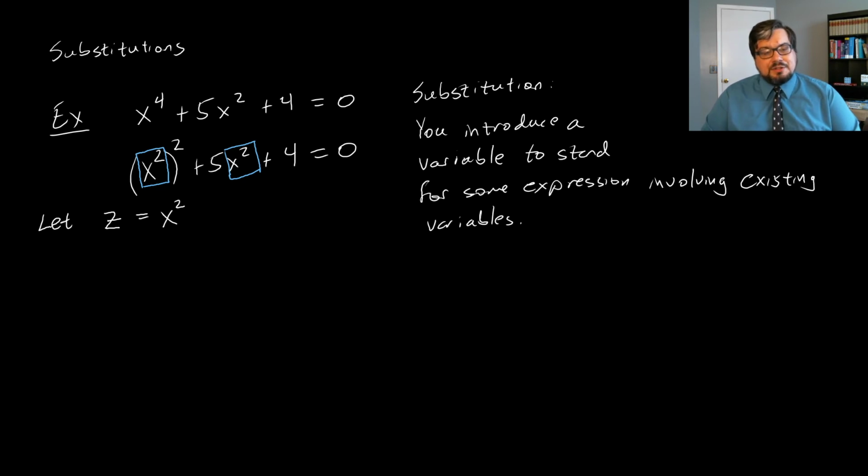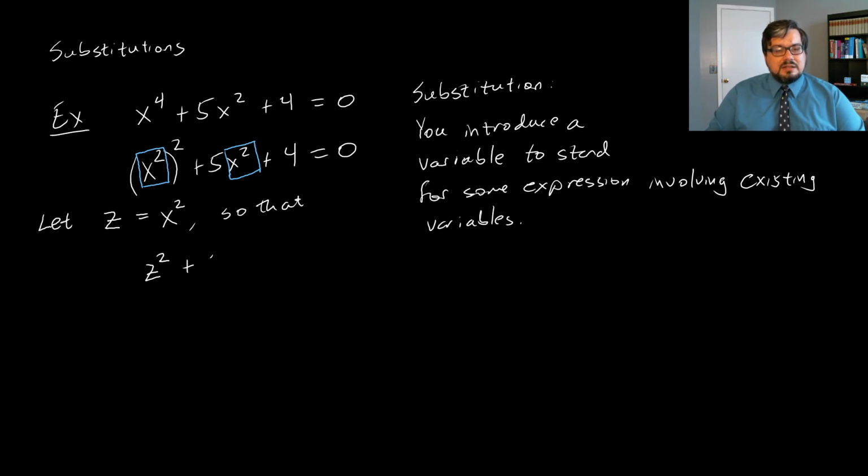But if we happen to notice that x squared is behaving sort of like its own single variable here, then we can use a new symbol to represent it so that we get the equation z squared plus 5z plus 4 equals 0. So if z is x squared, then the solutions to the original equation are related to the solutions to the equation involving the z's.